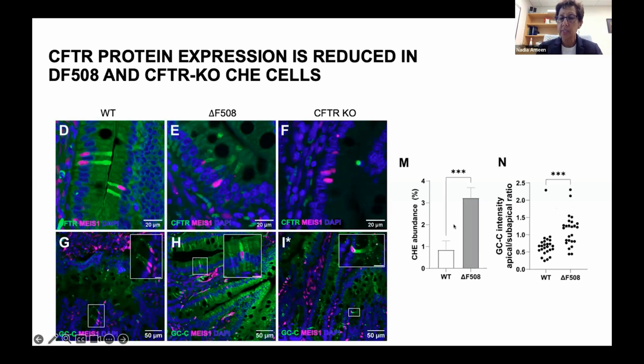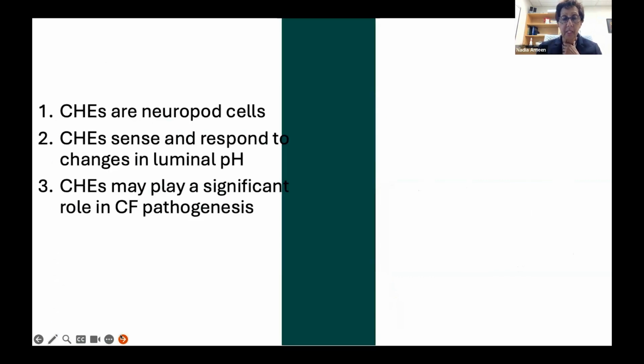We also noticed that there was an increased abundance of these cells in the delta F508 jejunum, suggesting that there's some compensatory attempt in the delta F508. Now, we don't know what is happening in the human delta F508 intestine because we don't have access to that tissue. But certainly in the rat, there appears to be compensation.